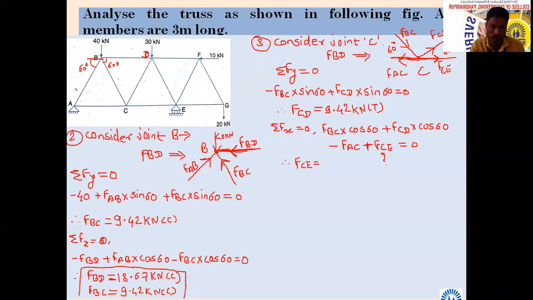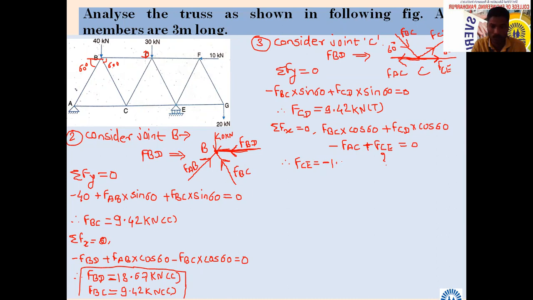Plus or minus? FCE, is it coming plus? Minus. It is coming minus, which means our assumption is wrong.